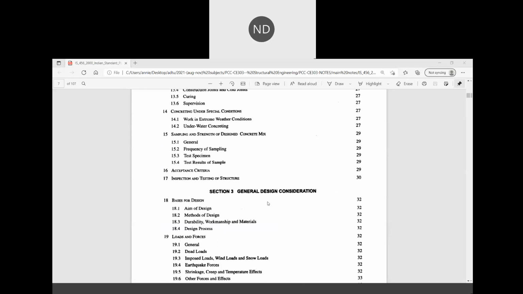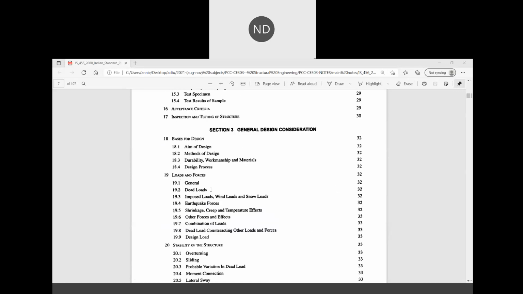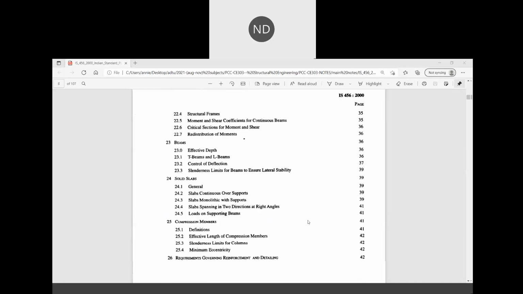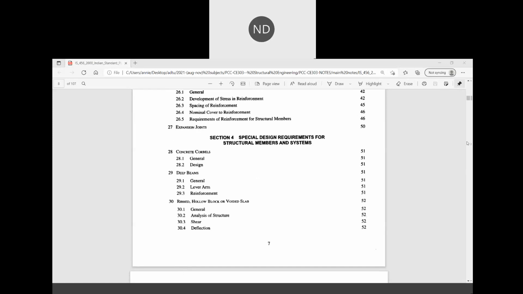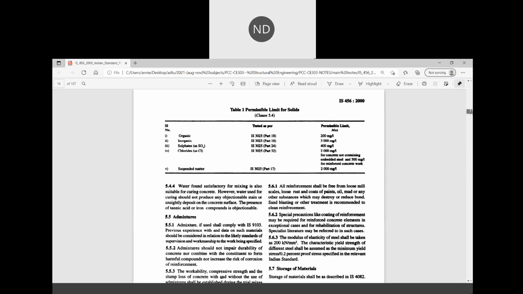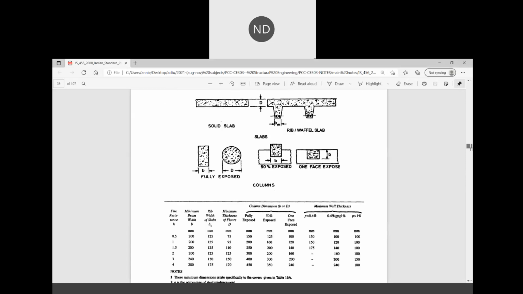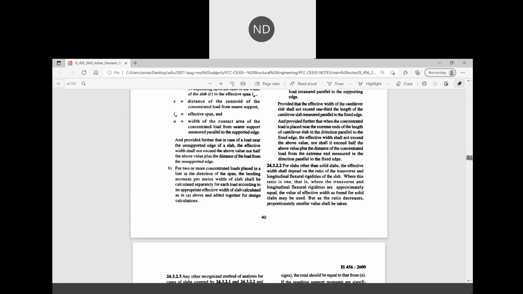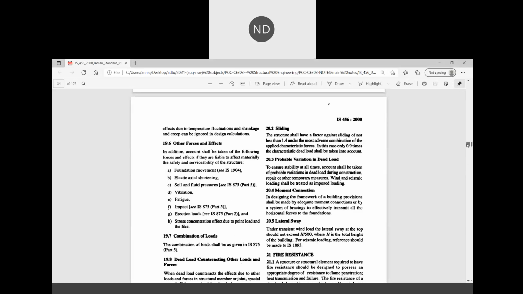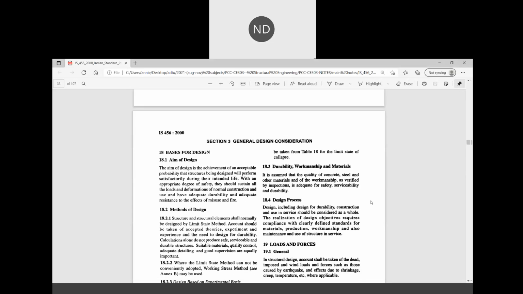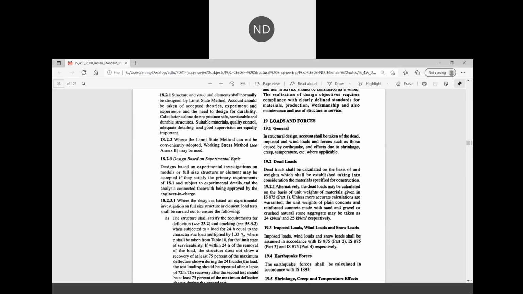Like now, if we talk about loads, we are talking about page number 32. You see here, this is clause number 19, loads and forces.